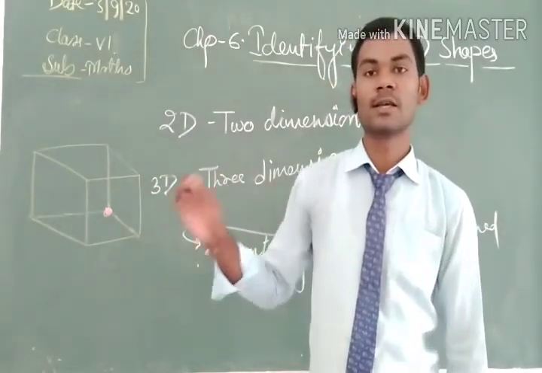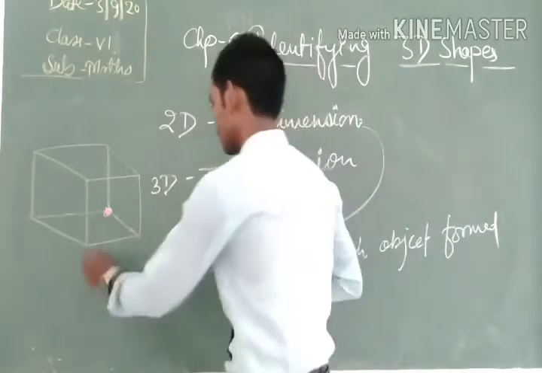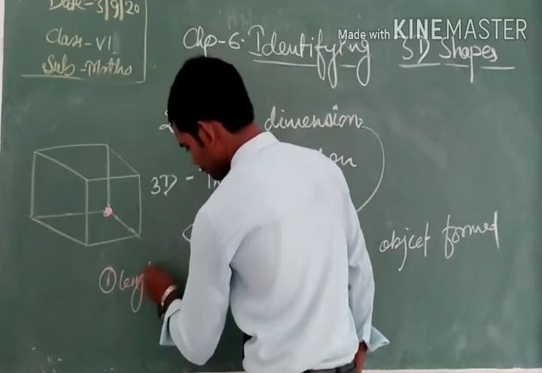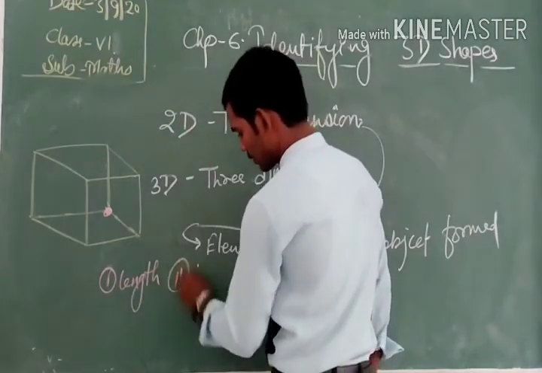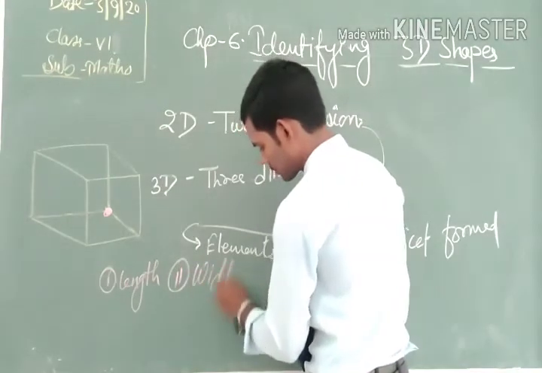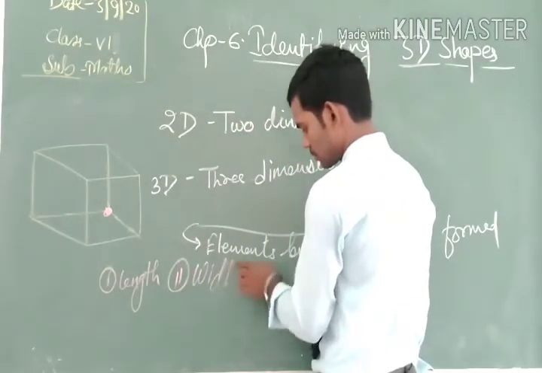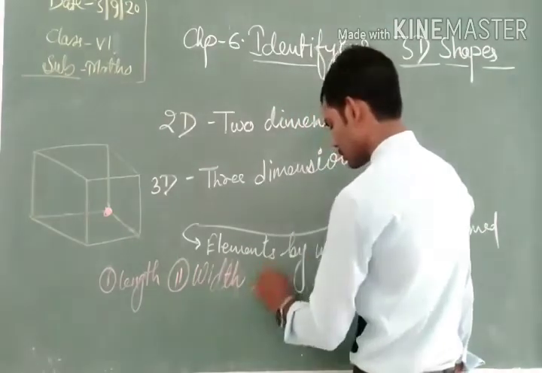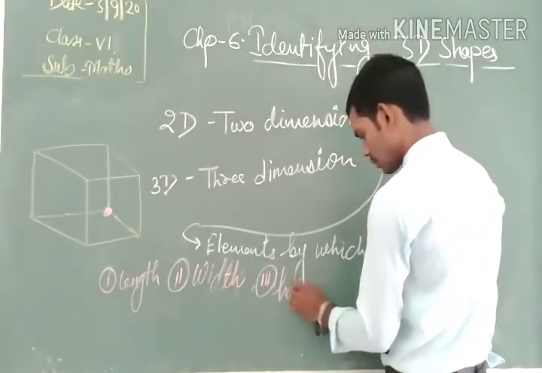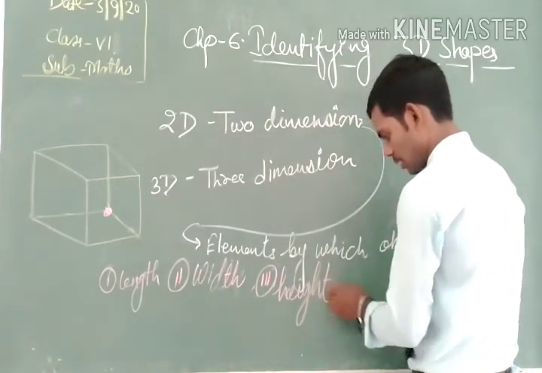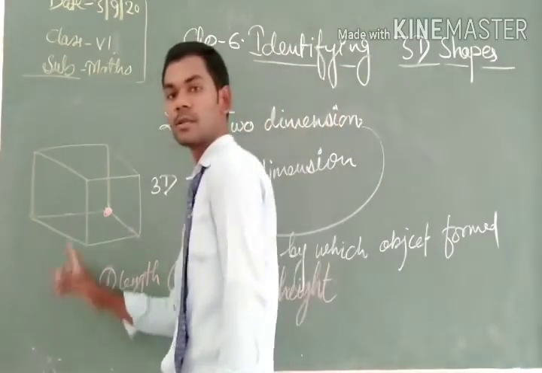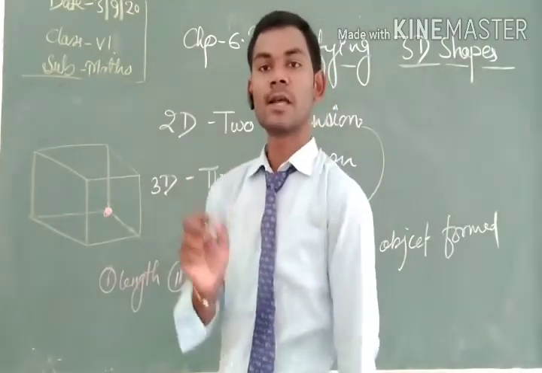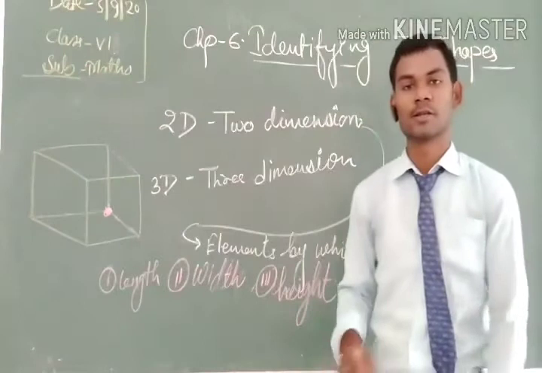Therefore, it has three types of dimension: first length, second width, and third height.